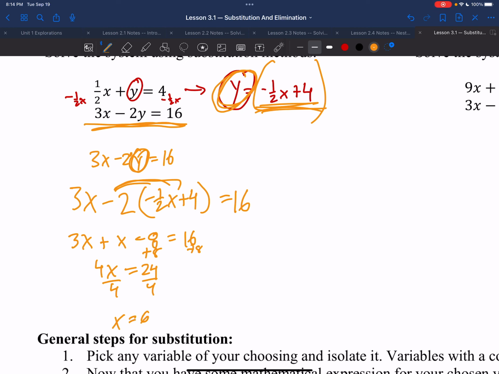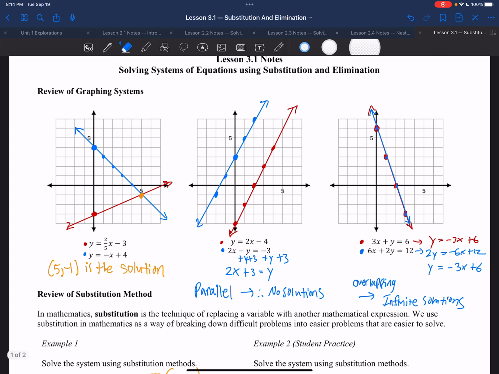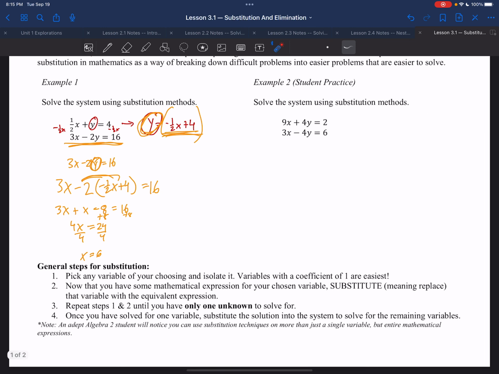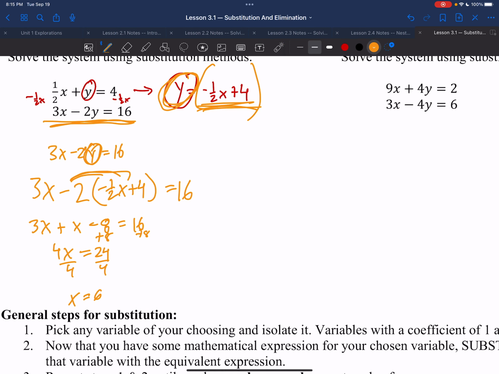And that's it, right? No, we're not done. Remember, with a system, you are looking for, if I show you up here, where's my laser? There's my laser. You're looking for a point. 5 comma negative 1 is the solution. So we found the x value, but what is y? What point satisfies both equations?